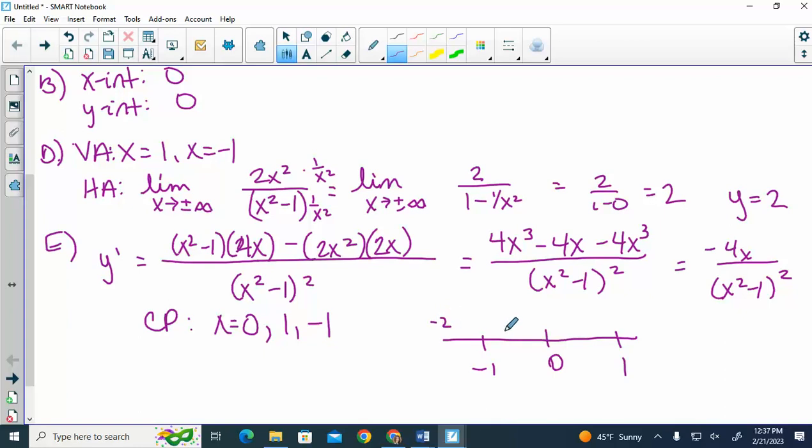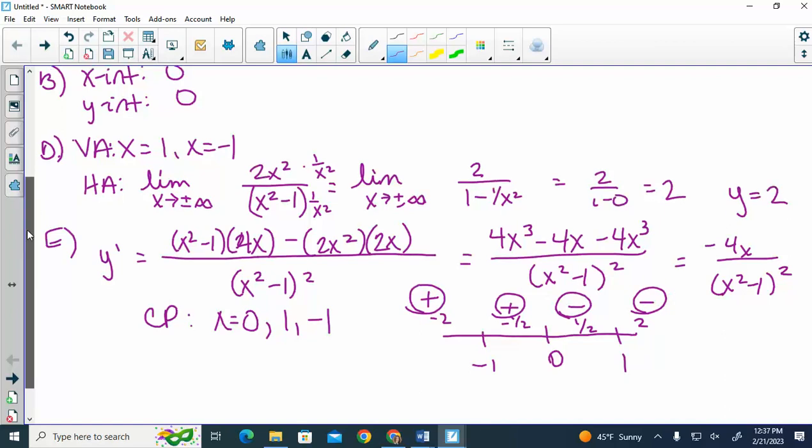And then we do our test points. If I put in negative 2, the top is positive, the bottom's positive no matter what. So that's positive. Then this is also positive, 1/2 is negative, after 1 is negative.